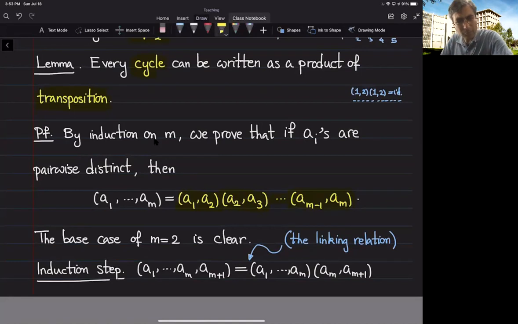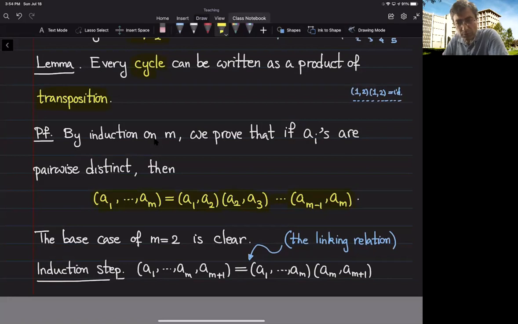Here I'm going to present the formal argument and use induction to show this. By induction on m, I'm going to show this equality: whenever I give you distinct integers a sub i, then the cycle (a1 a2 ... a sub m) is equal to the product of these transpositions, (a1 a2)(a2 a3)(a3 a4), and so on.